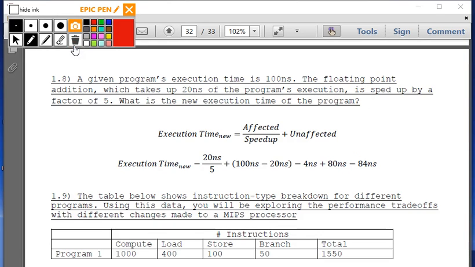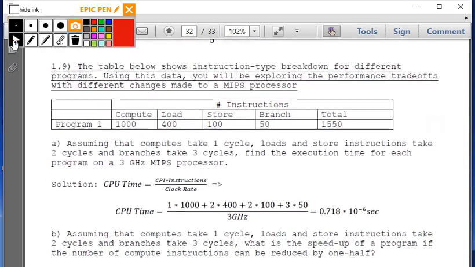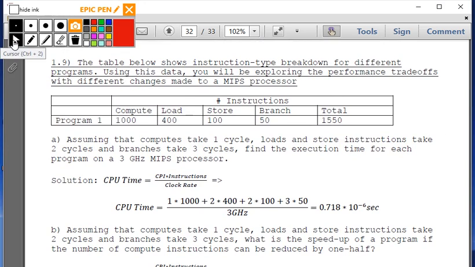Okay. So the next problem is a little more like what you'd actually see in an industry problem. We have our table showing instruction type breakdown. We have a program here that has 100 compute instructions, 400 load instructions, 100 store instructions, 50 branch, and therefore our total number of instructions is 1,550.